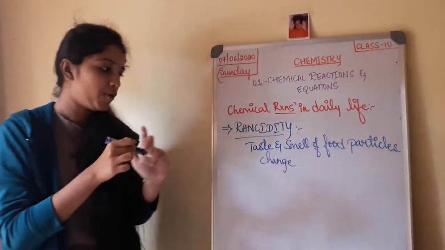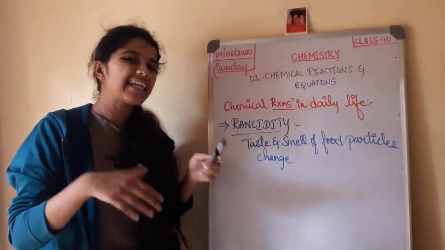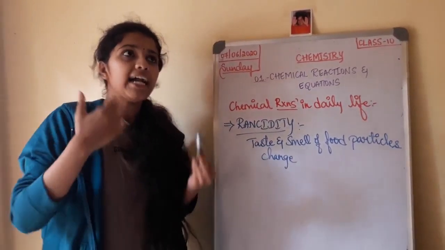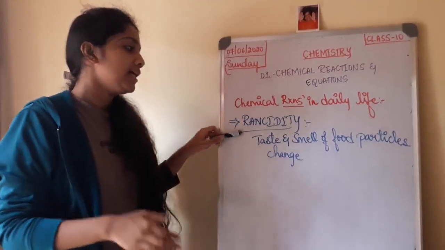The process by which the taste and smell of food particles change. It gives out a bad odor, it gives out a different and a very bad taste, and we feel like it has got rotten, and that is when we call it rancid.